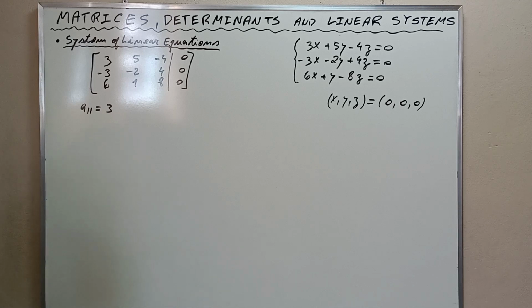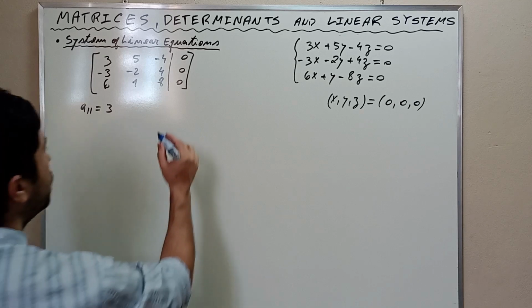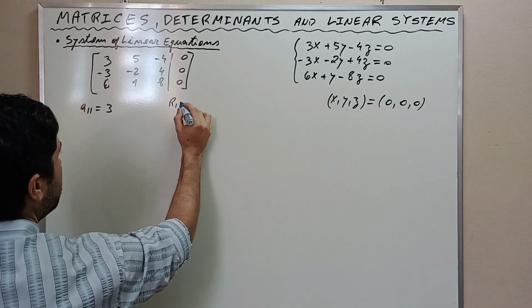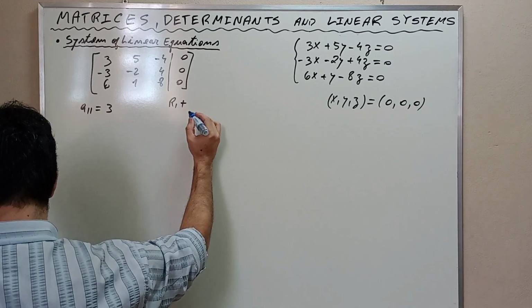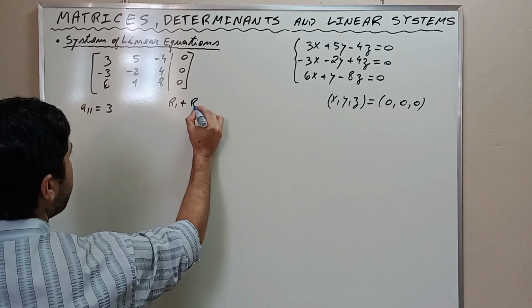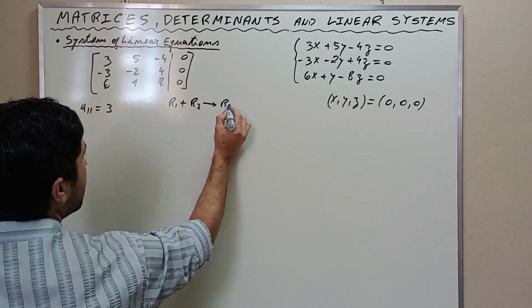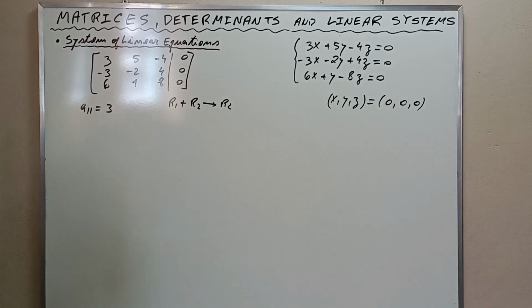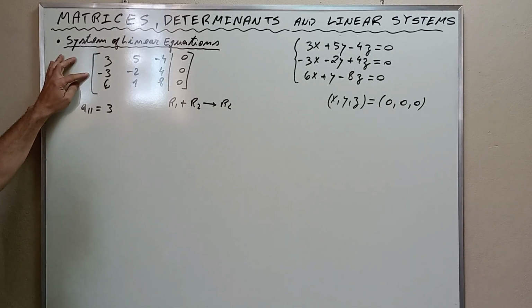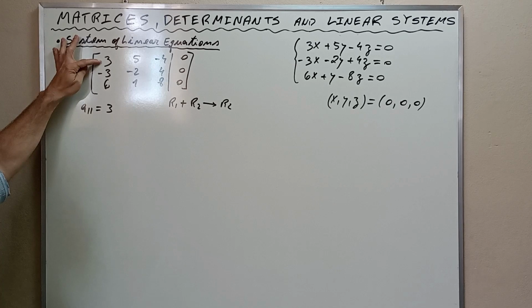We are going to use these additions. If we use R1 plus R2 and substitute in the place of R2, we are going to put a 0 below the pivot, okay?